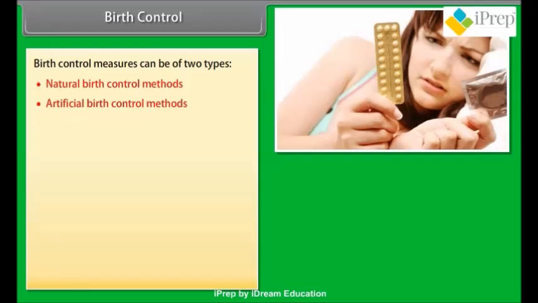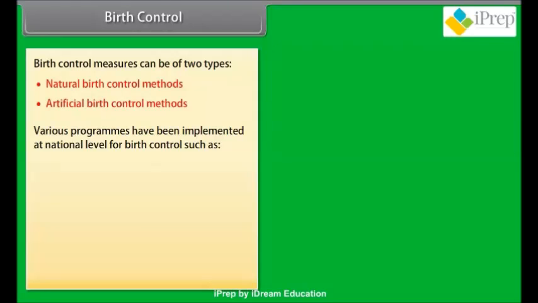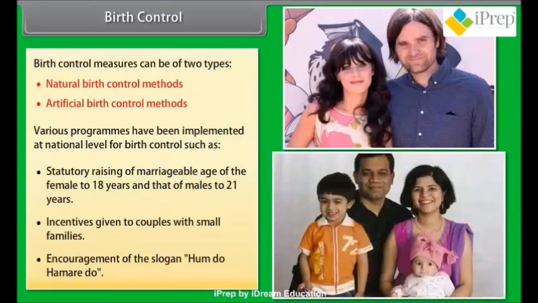Artificial birth control methods. Various programs have been implemented at national level for birth control, such as statutory raising of marriageable age of the female to 18 years and that of males to 21 years. Incentives given to couples with small families. Encouragement of the slogan, Hum do, Hamare do.